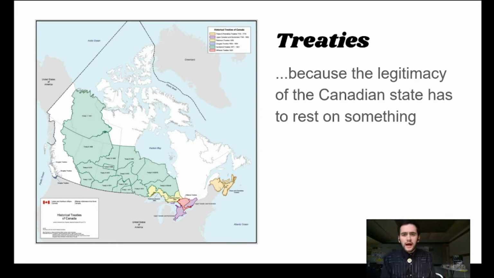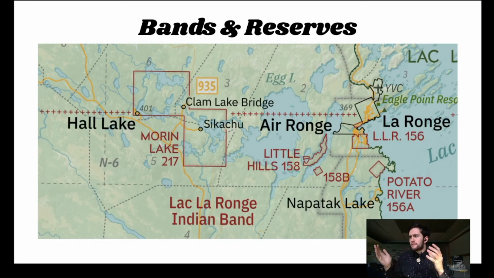But in the Canadian context, all of the boundaries currently in place on the Canadian provinces flow from these historical agreements that were made in the 19th century. So, as in the US, the goal of Canadian Indigenous policy was to take these nomadic hunter-gatherer societies and confine and coerce them into a settled agricultural European way of life.